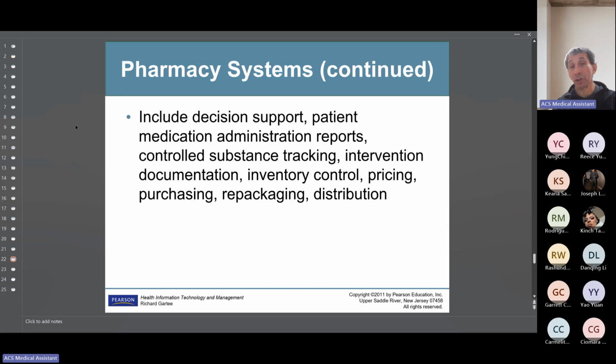So you're going to keep track of everything that is being given to the patient, whether it is a brand medication or a generic medication. All that's important. If the patient says, I'm having side effects, they don't say that. They say, I have an allergy to the medication you gave me, because they think that everything that happens to them is an allergy.